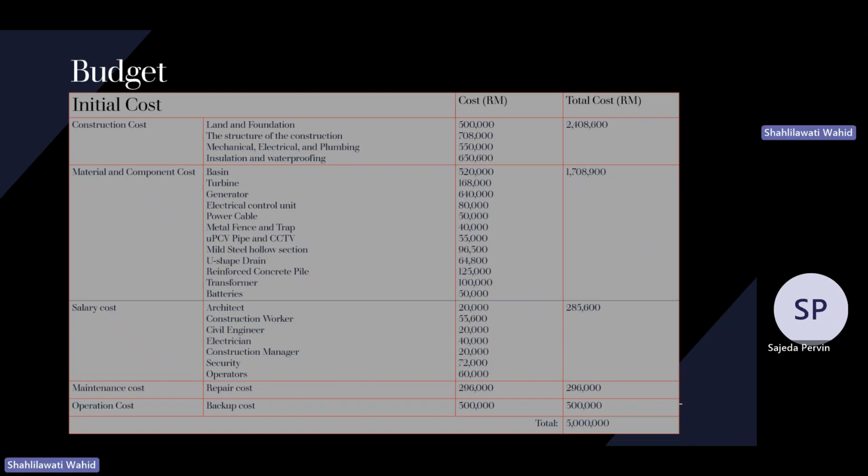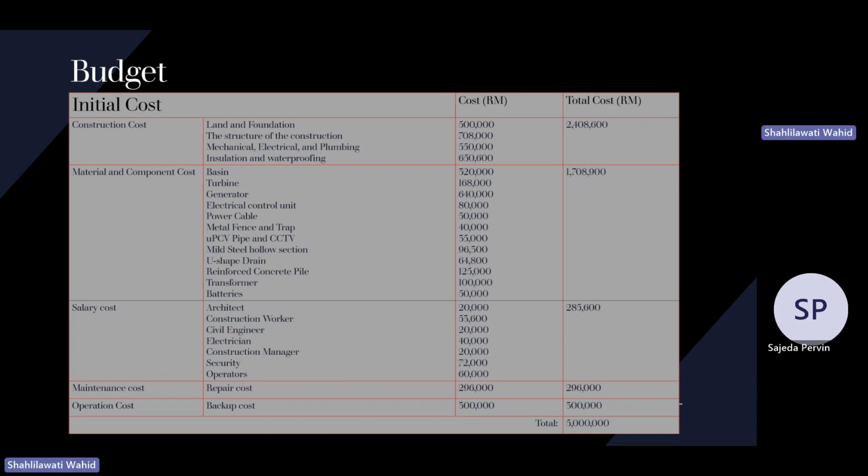Next is the construction cost, to which we need to build the GWBPP. We will need to pay for the land and foundation, the structure of the construction, mechanical, electrical, and plumbing, and other costs. It will cost about 2,408,600.